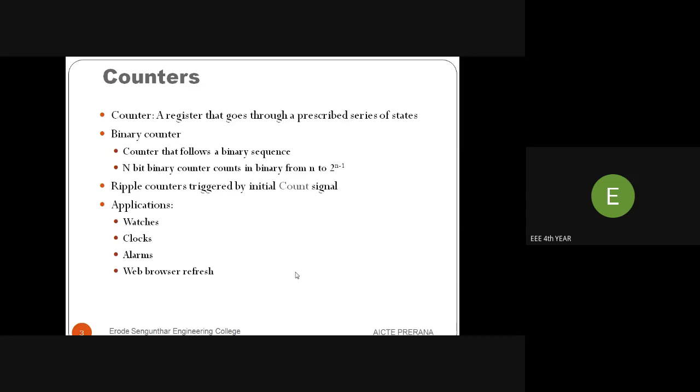The counter starts from 20 minutes, 20:00, then 19:59, 58, 57, 56. After a particular state it is reset to 00:00. After it goes to 0, the counter resets and the output works. That is a counter application.